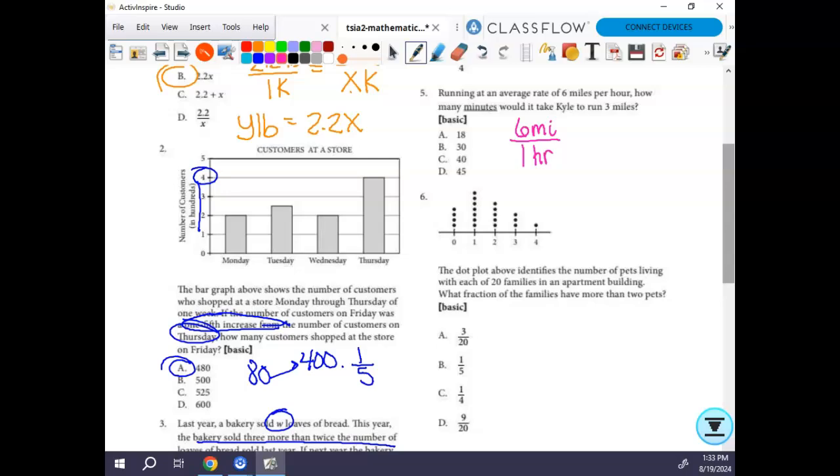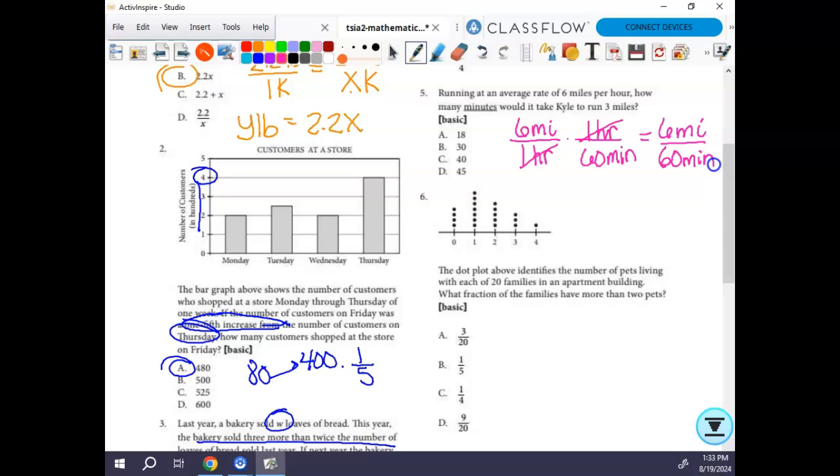We're looking for minutes, so if I needed to do conversions here, I know that 1 hour has 60 minutes in it, right? So the hours cancel out, and that gives me 6 miles for 60 minutes.